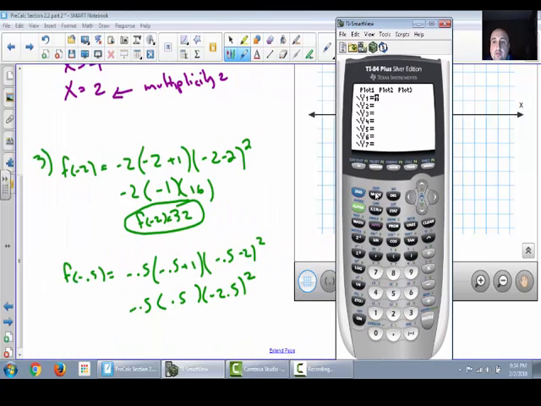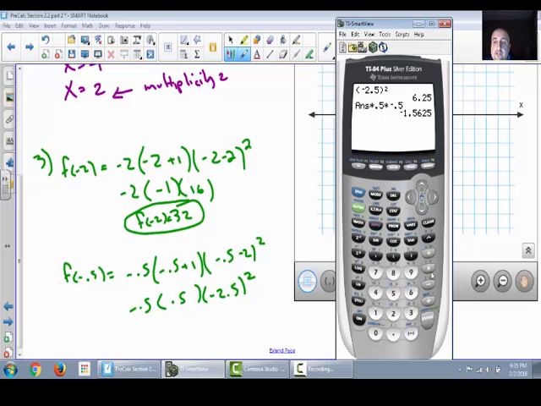Let's do our parentheses first: negative 2.5 squared, times 0.5 times negative 0.5.